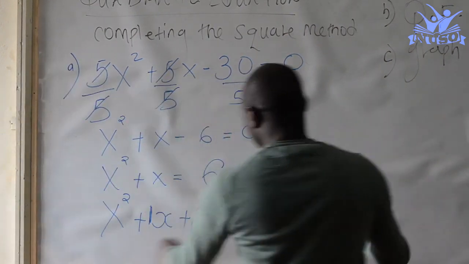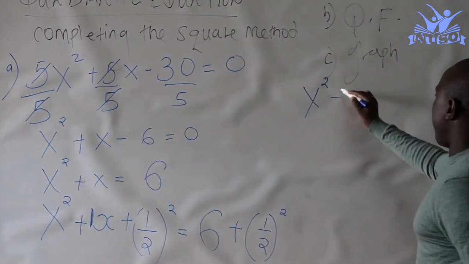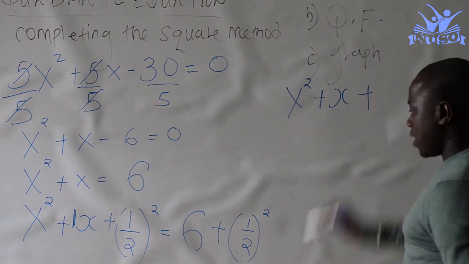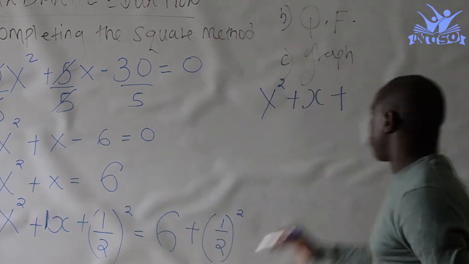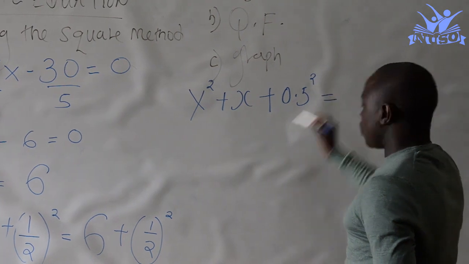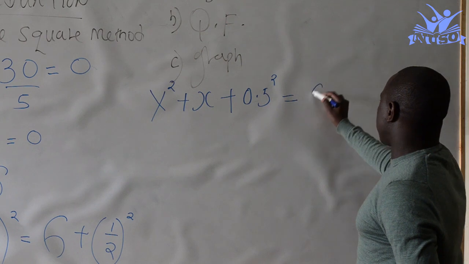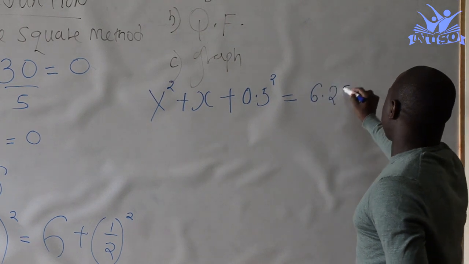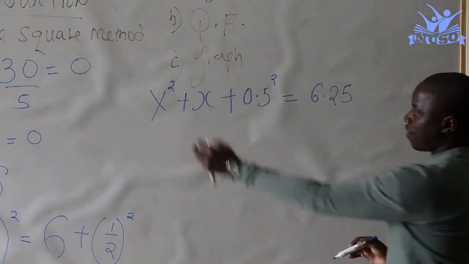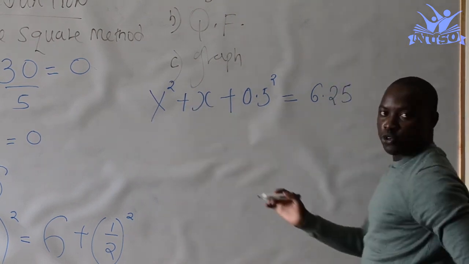Let's continue. We're going to have x squared plus x plus, I'll convert this into decimals, 0.5 squared, is equal to 6 plus 0.5 squared, which gives 6.25. Then having squared this, you pick x and 0.5 and square them together.